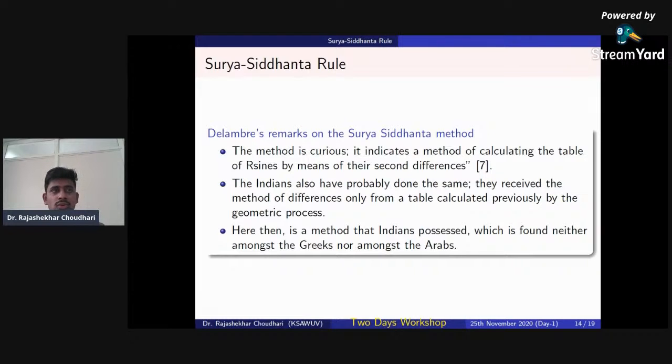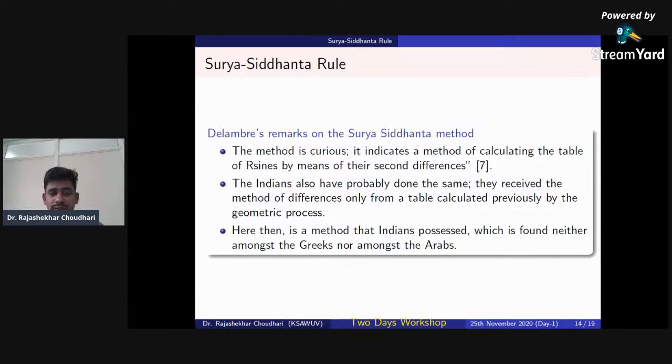He also says that the Indians probably did the same, and received the method of differences only from the table calculated previously by the geometric process. He adds that here then is a method that Indians possessed, which is found neither amongst the Greeks nor amongst the works.